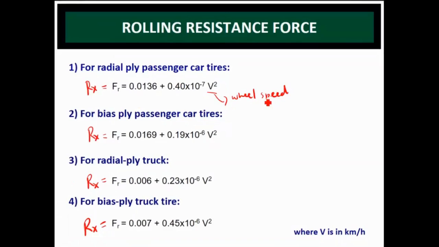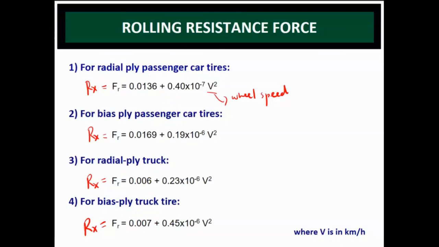For vehicle speed, normally we assume similar, we assume sama. And then this equation number 2 is for bias ply passenger car tire. Number 3 is for radial ply truck. Number 4 is bias ply truck tire. So the equation for rolling resistance force is different. We must consider the tire type and also the vehicle type.